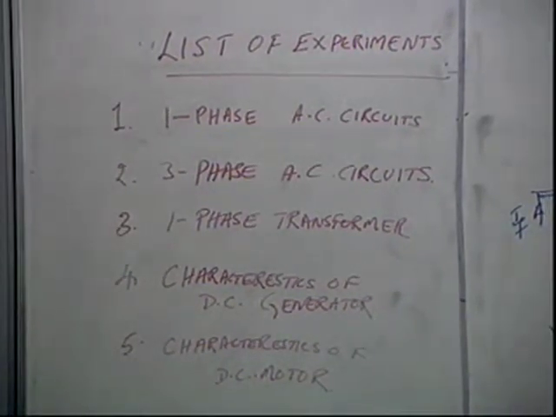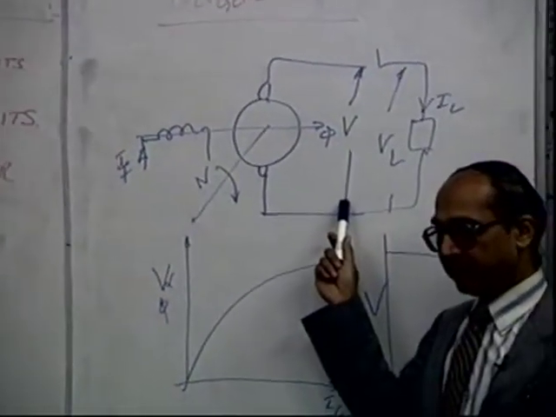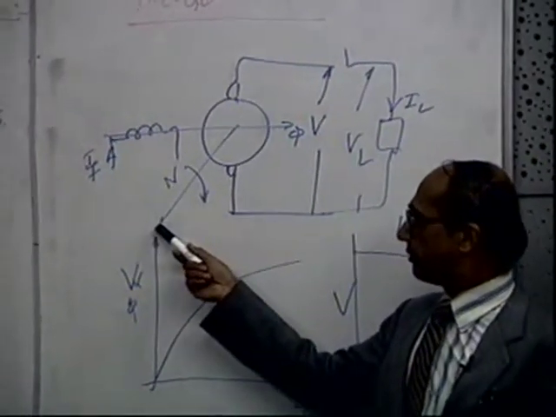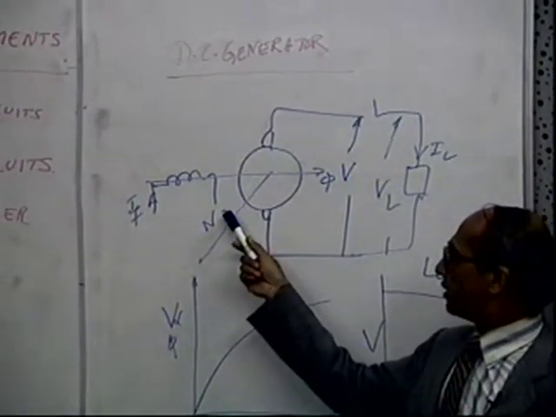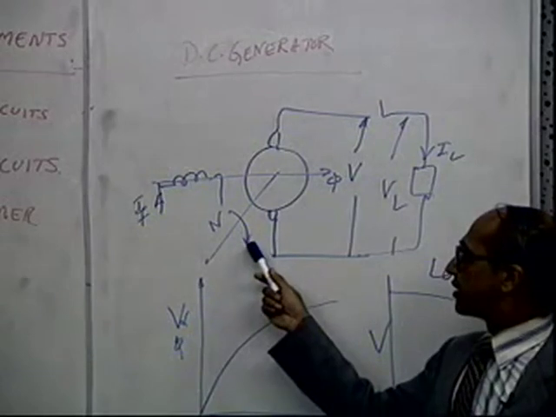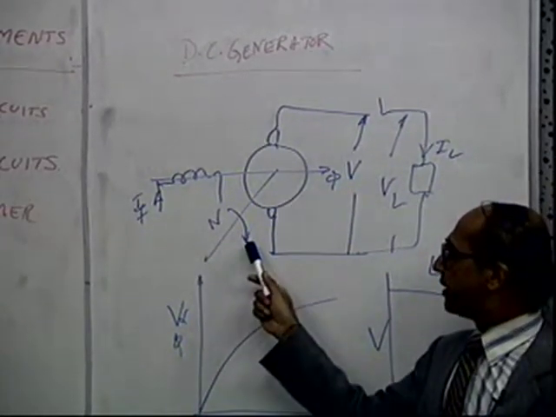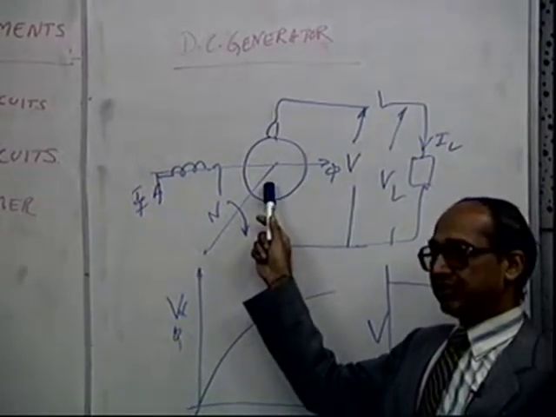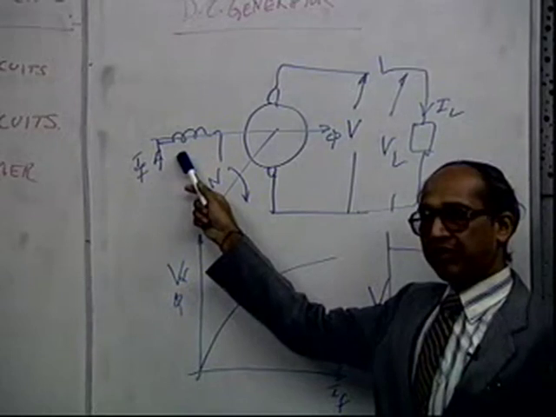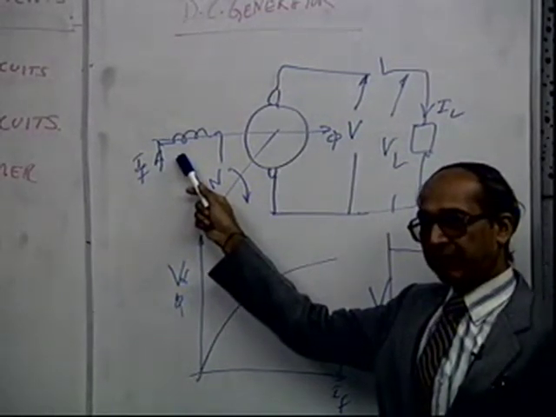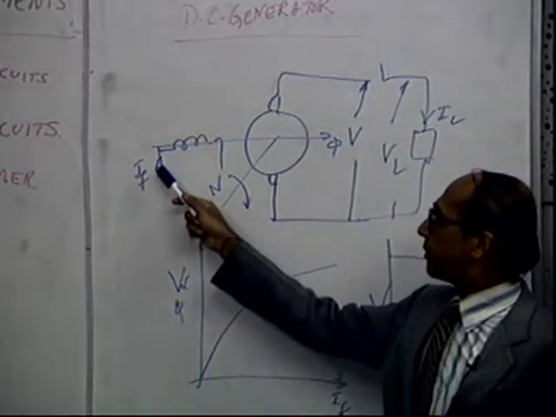The DC generator is the one which is used to generate DC voltage from a prime mover. If you have a prime mover which drives this armature at a given speed, and the armature is rotating, there is a stationary part where you have a field winding, and through this you pass a DC current.